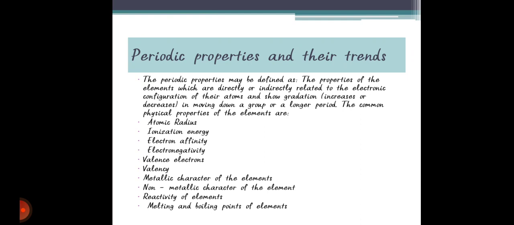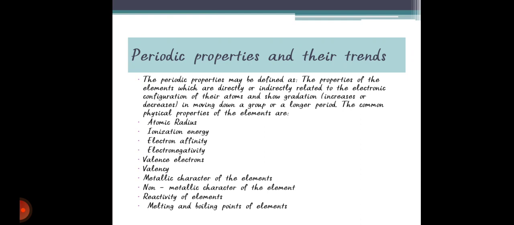So the next property is valence electrons. A valence electron is an electron in an outer shell associated with an atom that can participate in the formation of a chemical bond if the outer shell is not closed.